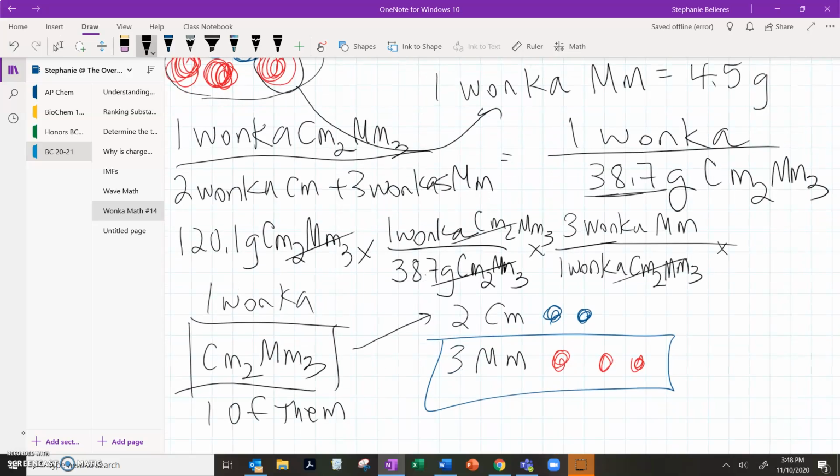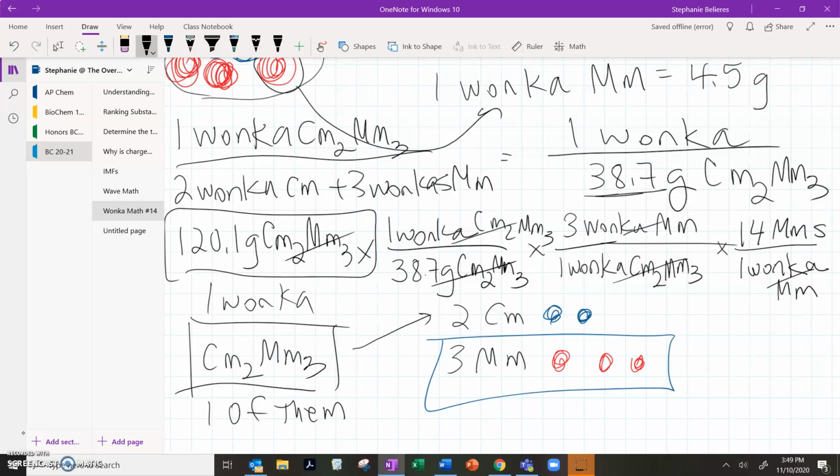So now I need to understand what's the Wonka. Well, 1 Wonka of this thing is equal to, for most of you, like 14 or 15 things in a Wonka. So let's just use 14. Okay. So now I am at how many actually mini M&Ms would there be in 120 grams of this stuff? Okay. So that's how you would set that up.